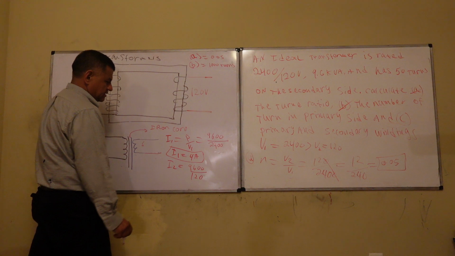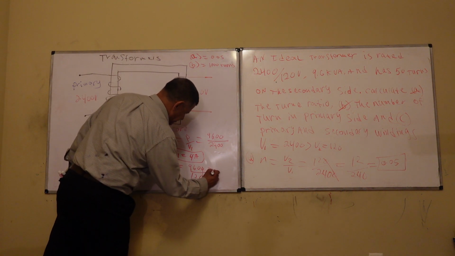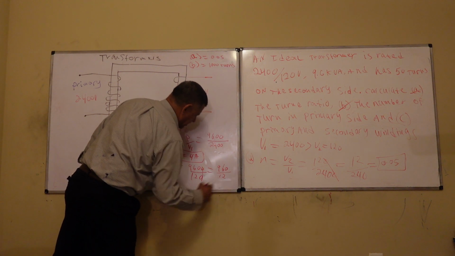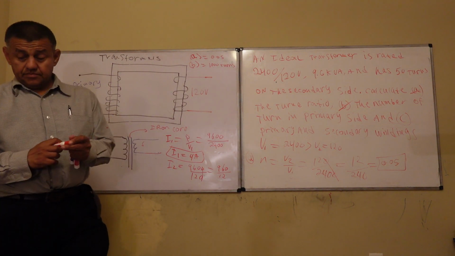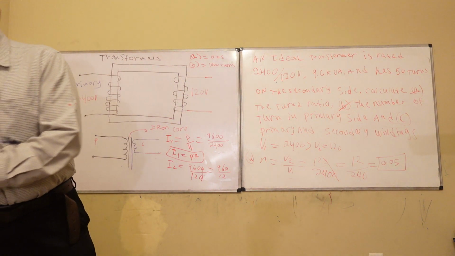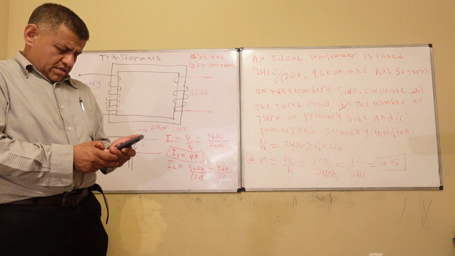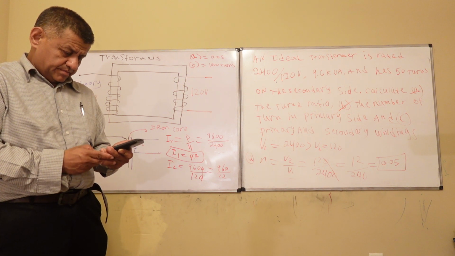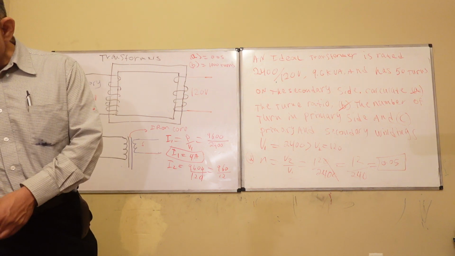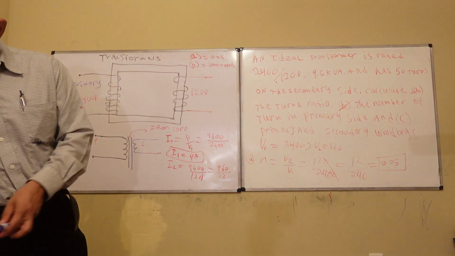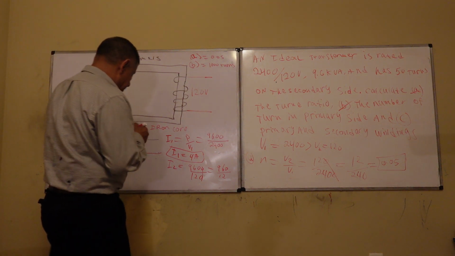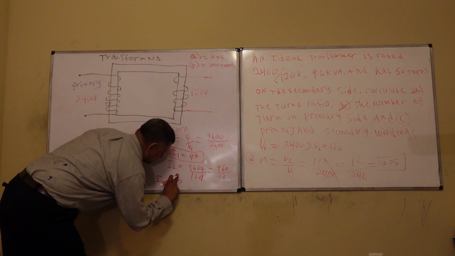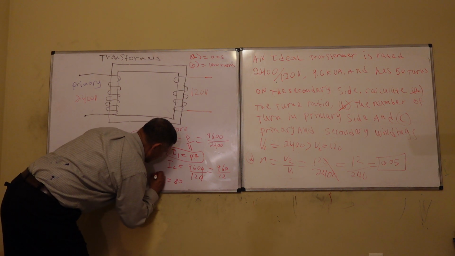You can simplify that to 960 over 12, so you get 80 amps. I2 is equal to 80 amps.